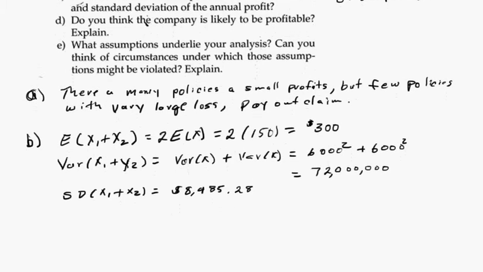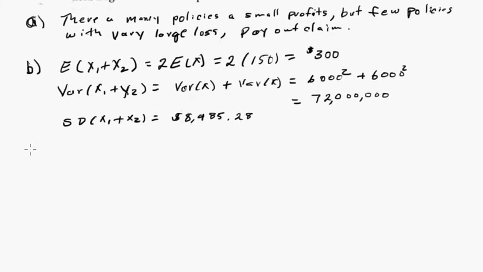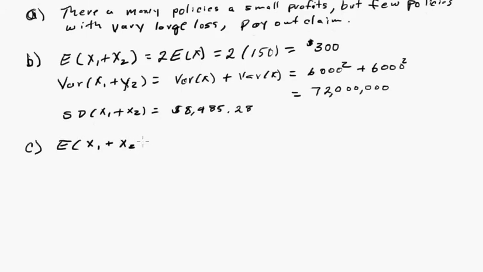Okay, so now C is 1,000 policies. So it's pretty much the same computation. X1 plus X2 plus, and this is how I deal with this, plus X1,000. And again, the reason I write this out is because each policy is a separate event.